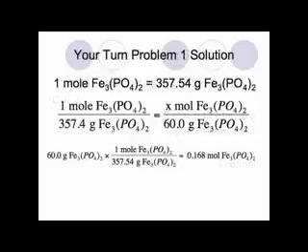Once we have the molar masses, we can go ahead and solve the problem. We find our equality that 1 mole of iron 2-phosphate is equal to 357.54 grams of iron 2-phosphate.